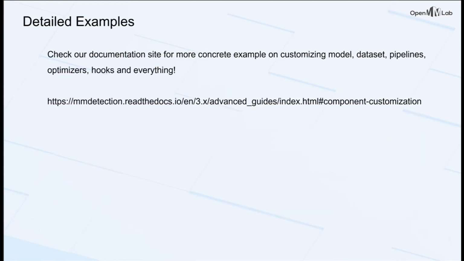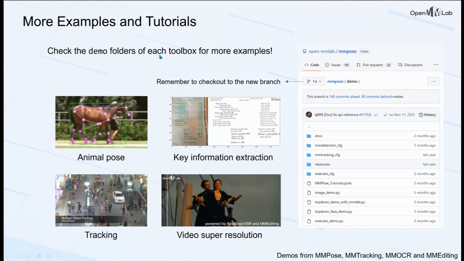If you need more concrete examples on how to customize everything, including the model, the data, the pipelines, the optimizer, the hooks, and everything else, you can check our documentation, and there are very detailed and concrete examples. And for more examples and tutorials, you can always check the demo folder of every toolbox.